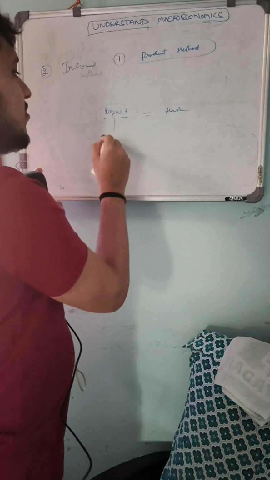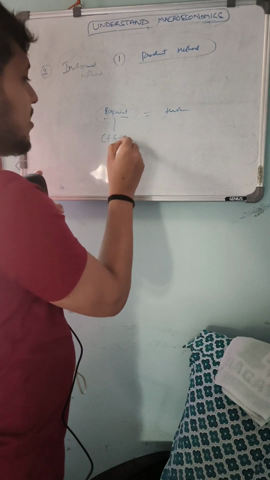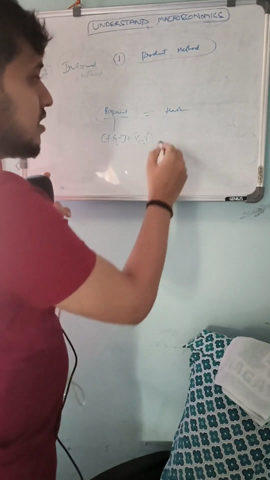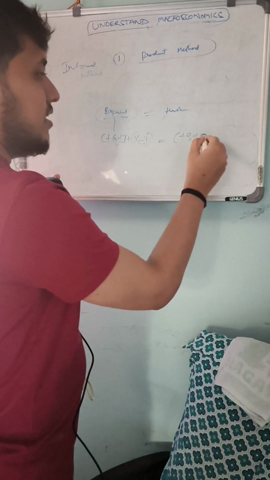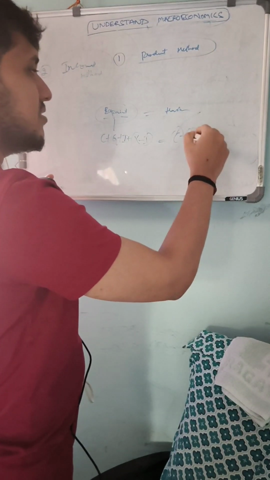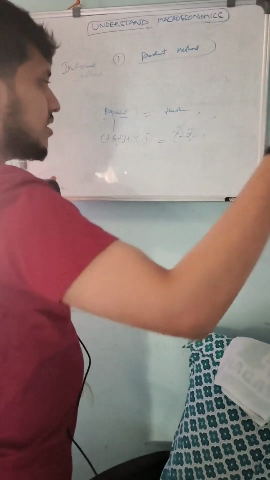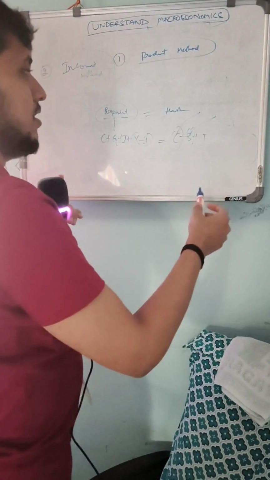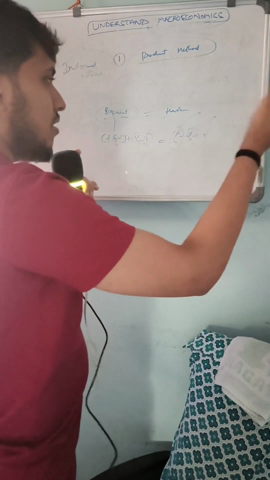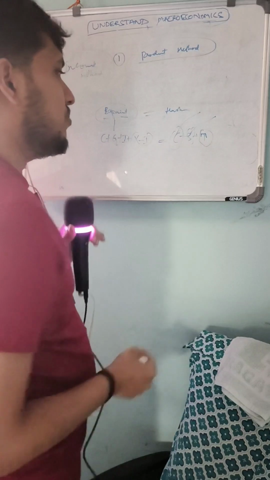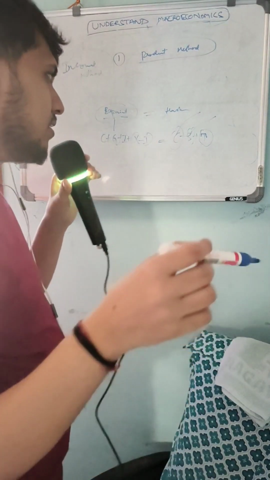In this, we know C plus G plus I plus X minus M. This is C plus S plus T. This is consumption. This is savings or investment. Savings into your FD or RD or stocks or mutual funds, etc. This is tax you pay to the government.